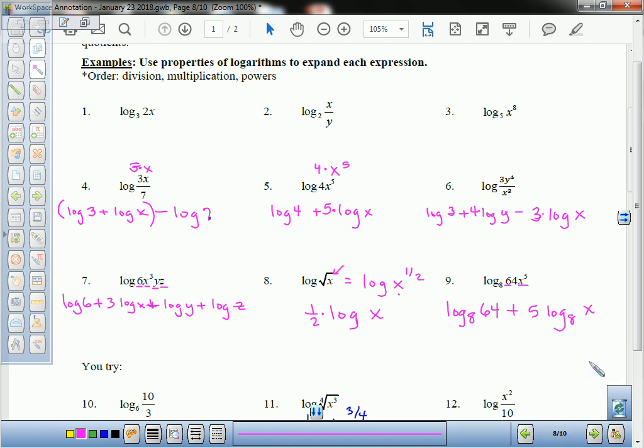Is it possible to simplify that first expression? Yes. What is the answer to this logarithm? What is the exponent? 2. So this simplifies to 2 plus 5 log base 8 of x. And that would be our answer.